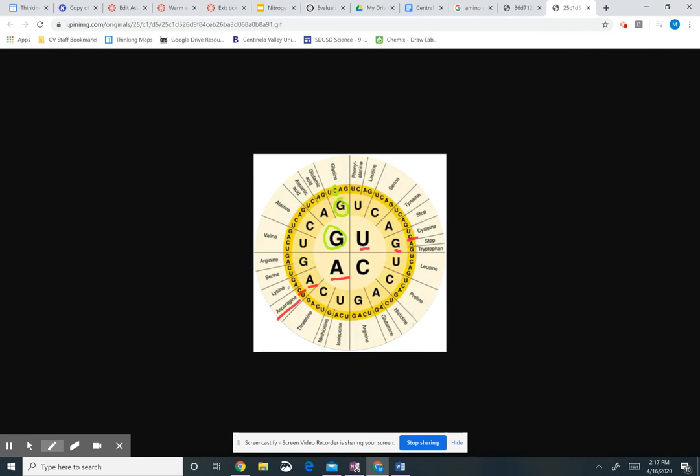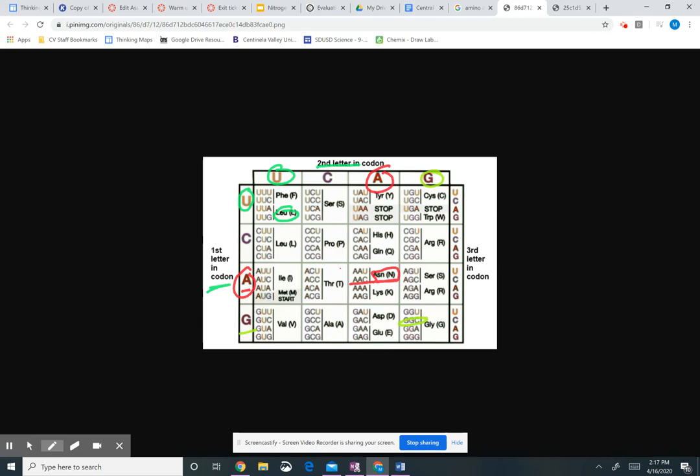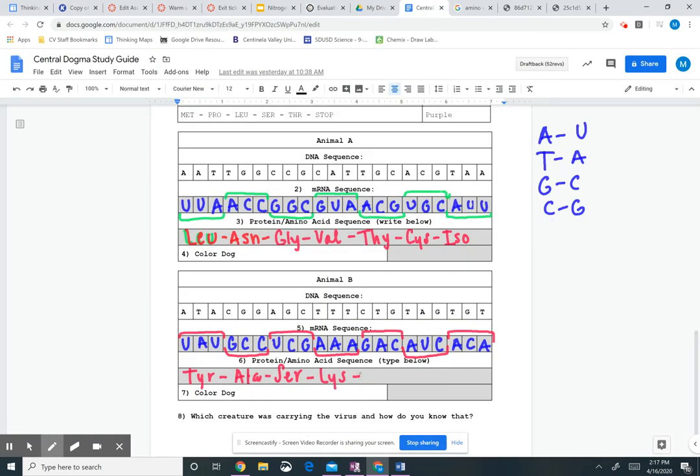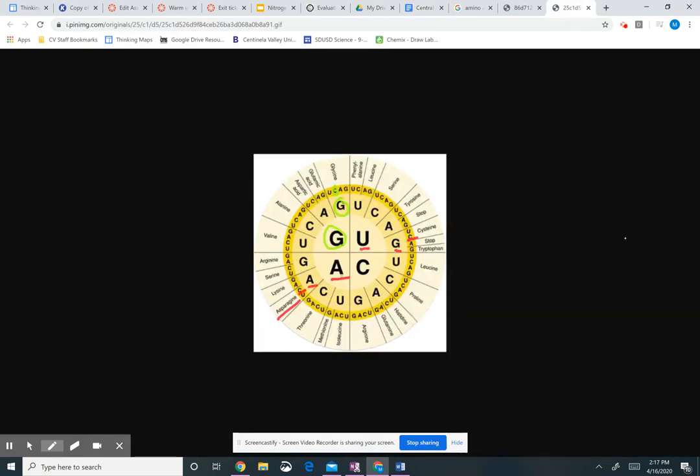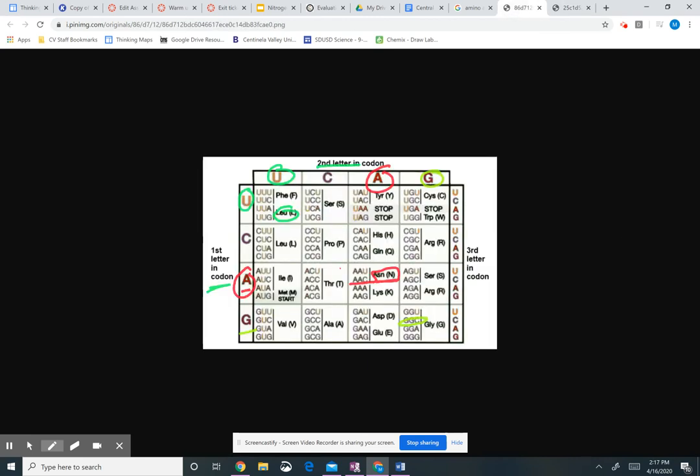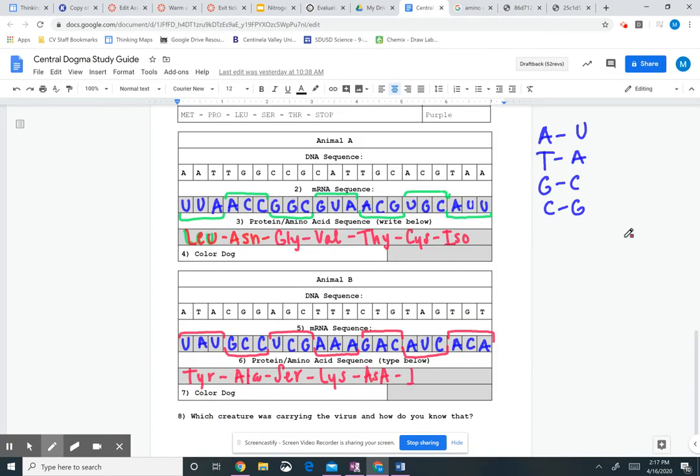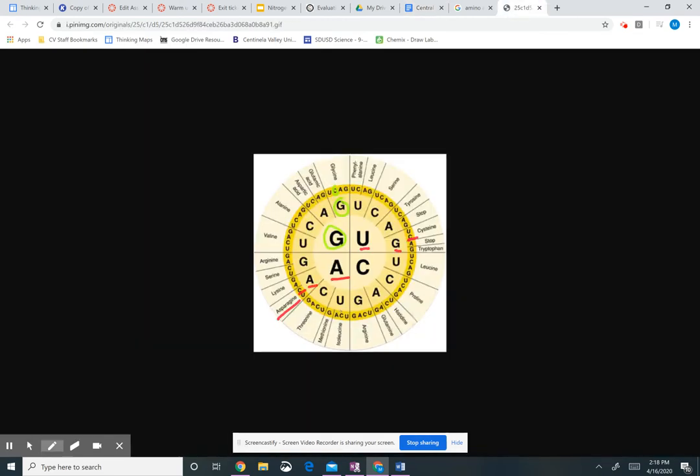GAC. GAC is aspartic acid. AUC. AUC is isoleucine. And ACA. ACA is threonine.